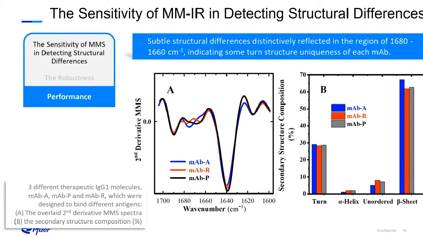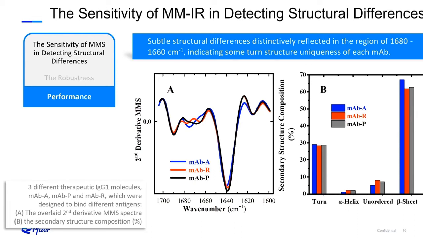You can see, although the beta sheet band closely matches across the 3 mAbs, as expected for IgG1 antibodies, there are some subtle structural differences distinctly reflected in the region of 1680 to 1660 wave number, indicating some turn structure uniqueness of each one.